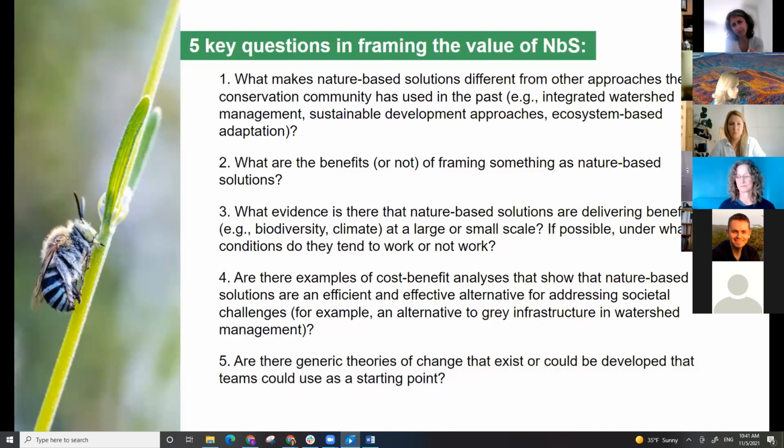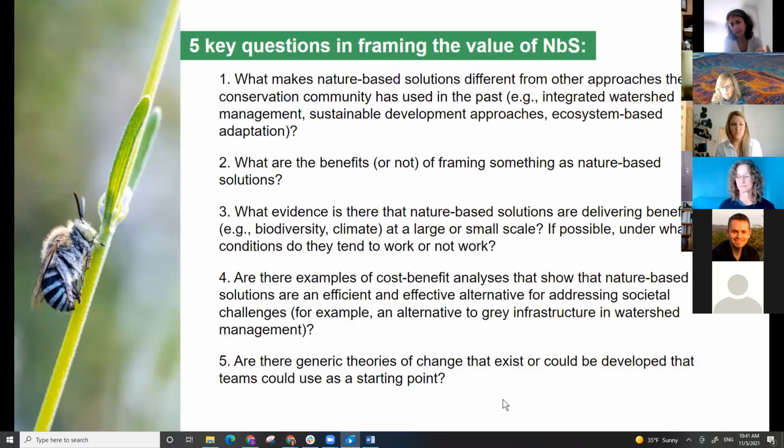The third question we're going to look at is what evidence is there that nature-based solutions are delivering benefits, both for biodiversity and climate, but also importantly people, at a large or a small scale, and what are the conditions where they tend to work or not. So what are those enabling factors that need to be in place for a successful project?